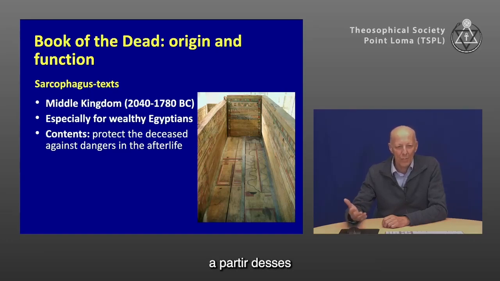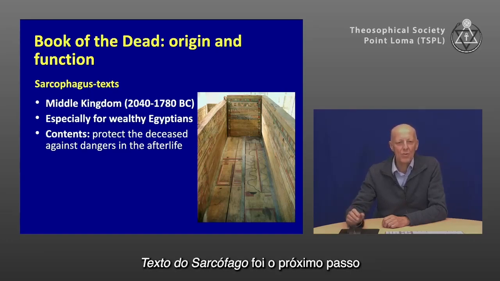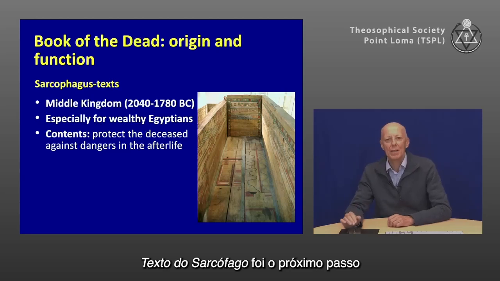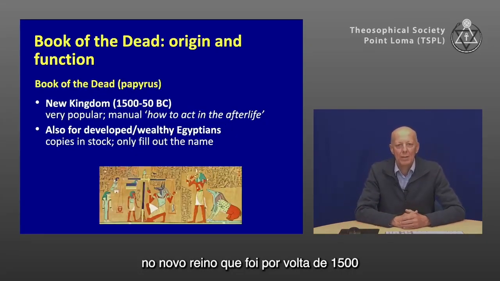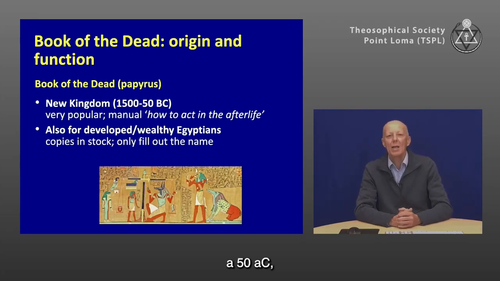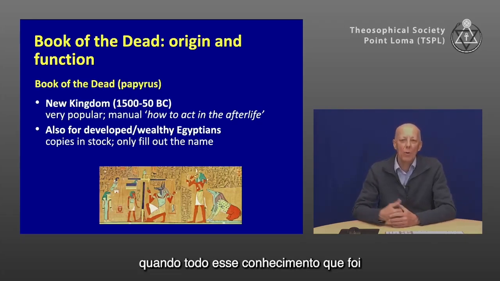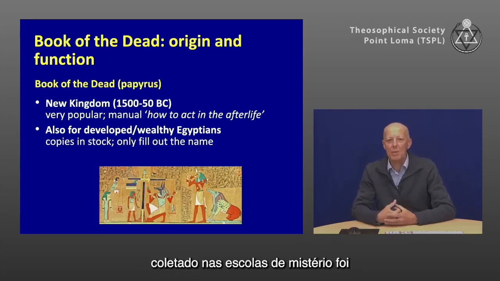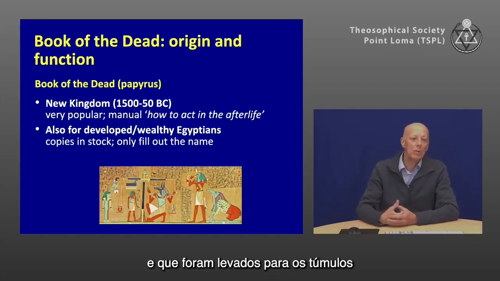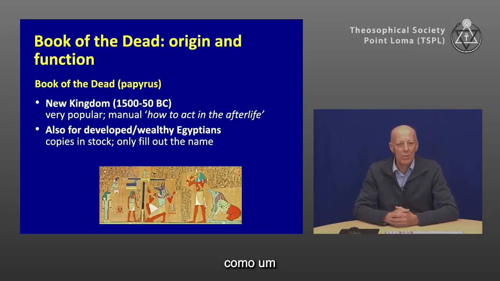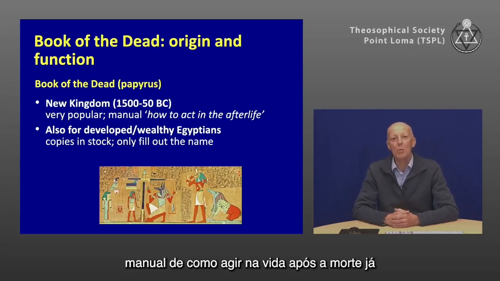Then from these sarcophagus texts came the next step in the New Kingdom, about 1500 to 50 BC, when all this knowledge that was collected in the mystery schools was written on papyrus scrolls, and taken into the tombs as a manual on how to act in the afterlife.